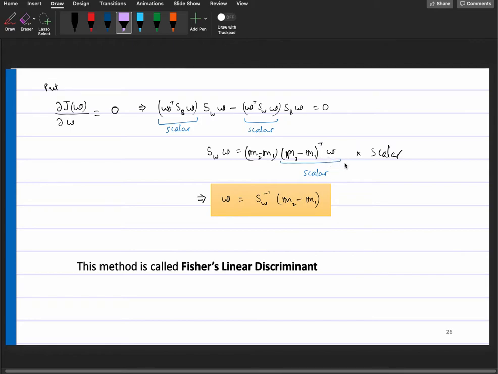This product will be a scalar. So this whole scalar is some function of W. But I do not want any scalars because I'm only interested in directions. So from here I can easily see SW times W should be equal to M2 minus M1 vector times some scalar which is a function of W, but that does not matter because I can normalize the whole thing and ignore it. So ultimately it becomes SW inverse times M2 minus M1, and that is what you get.